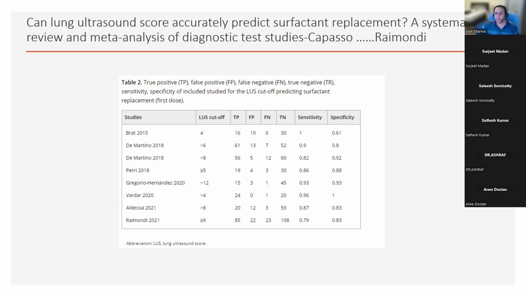So if you want to implement a lung ultrasound scoring system in your setup or your unit, level 1, 2, or 3, what you have to decide is what scoring system you are going to use, how you're going to interpret it, how you're going to document those scores, and that you're going to use uniform standard methods. You're going to use the same probe, same frequency.